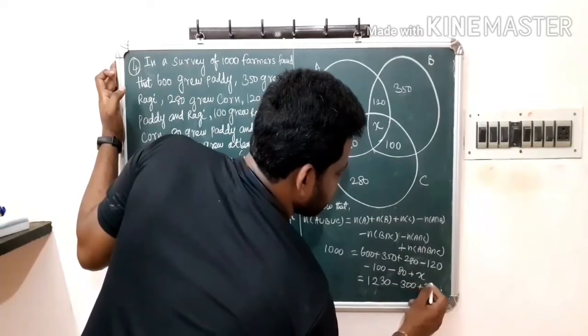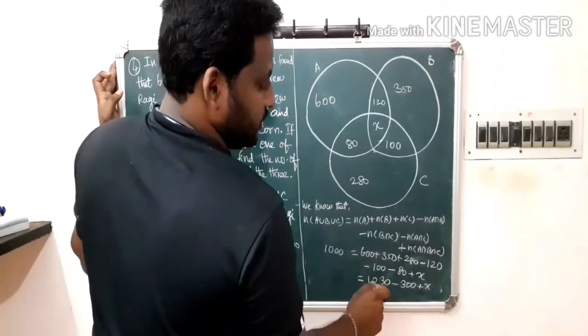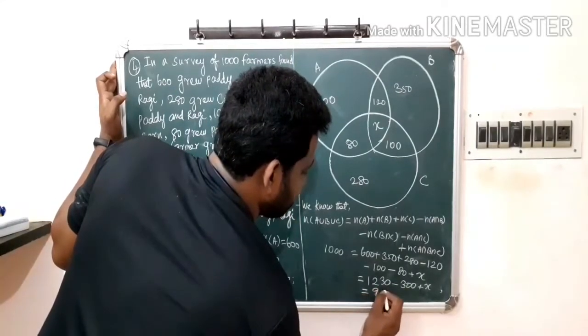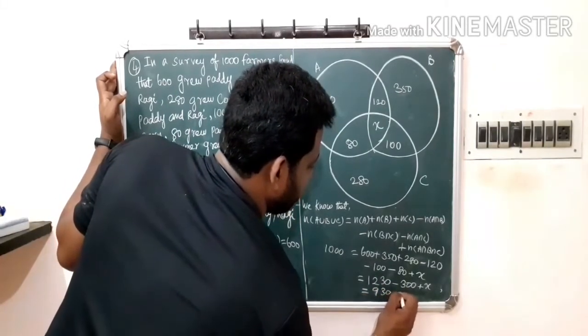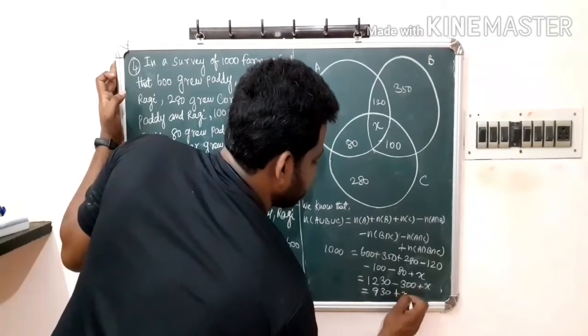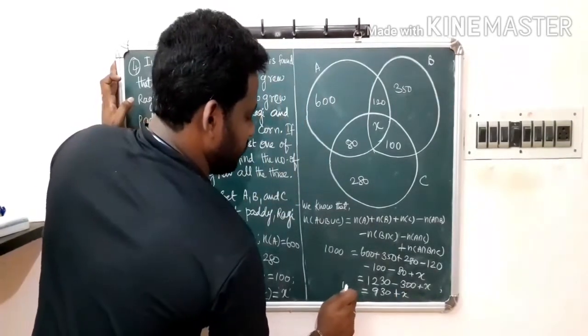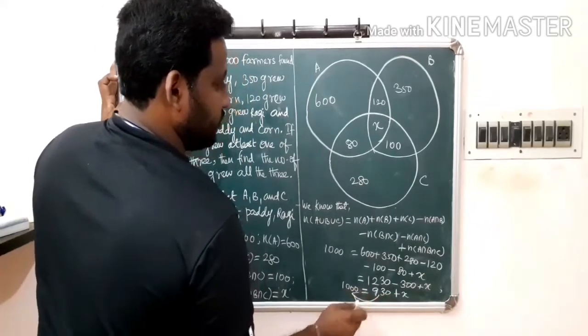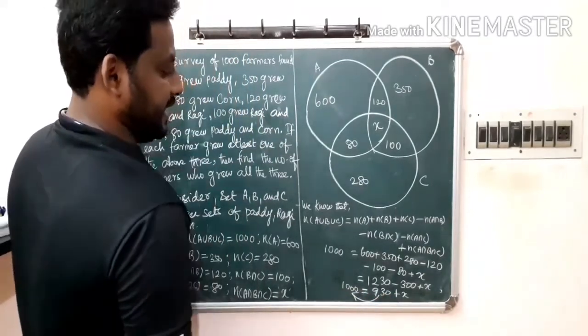Plus x. So 1230 minus 300 is 930, plus x, which is equal to 1000.